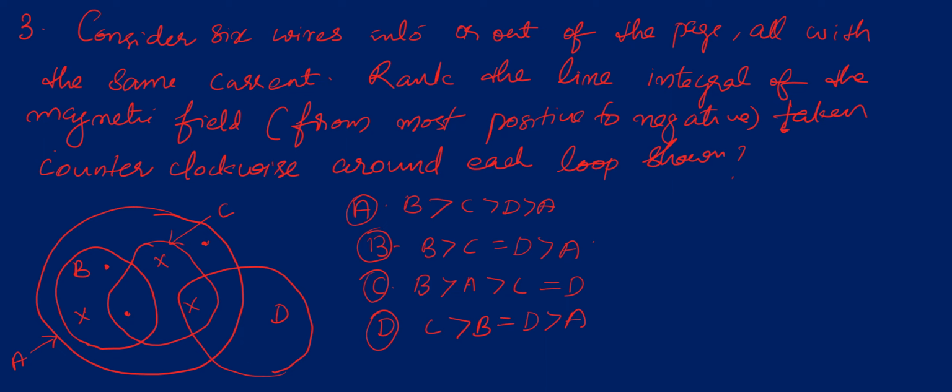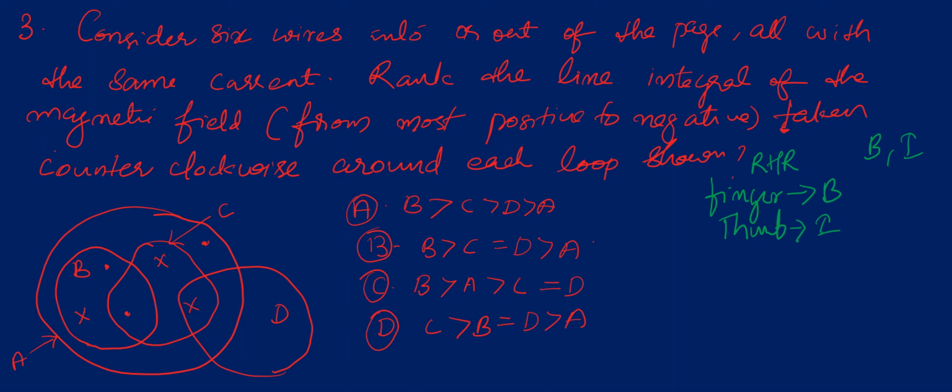Consider 6 wires into or out of the page, all with the same current. Rank the line integral of the magnetic field from most positive to negative taken counterclockwise around each loop shown. We can apply the right-hand rule for magnetic field and current. If the fingers represent the direction of magnetic field, the thumb represents the direction of current.